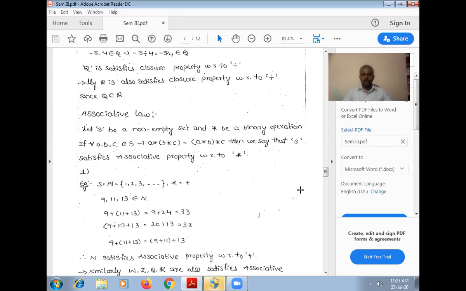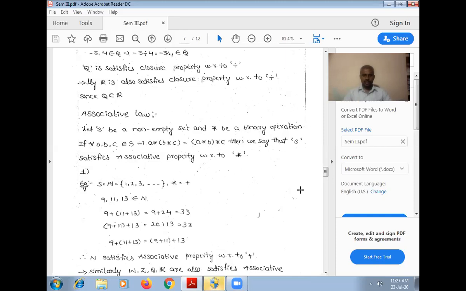I am taking 3 elements here: 9, 11, 13 belong to N. Now I verify the condition of the associative law. 9 plus of (11 plus 13) equals: within the bracket, 11 plus 13 is 24. Now 9 plus 24 is equal to 33.